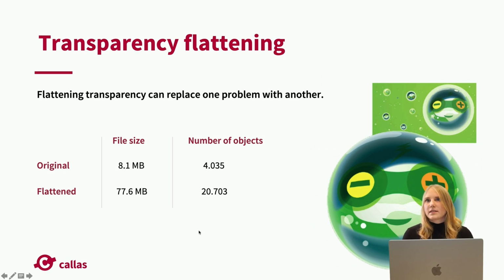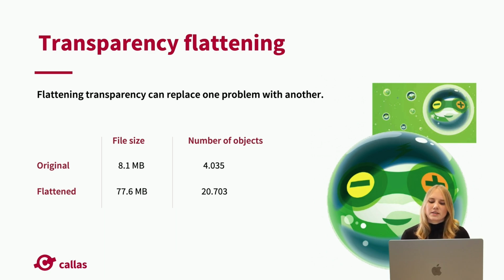Yeah, and maybe that demonstrates really well that transparency flattening is a really big modification to the PDF file, and it should be avoided whenever possible. It should maybe only be used as a last option if you have problems with your transparencies.